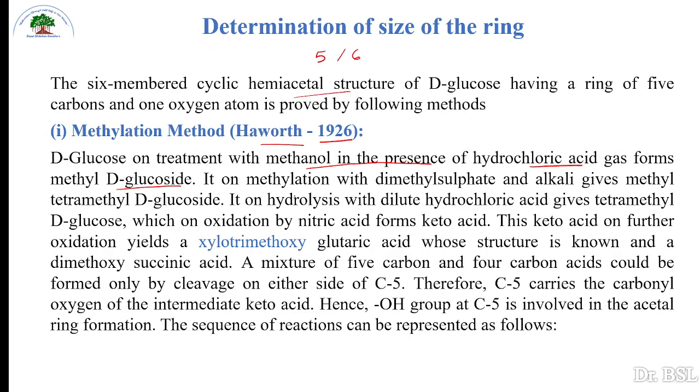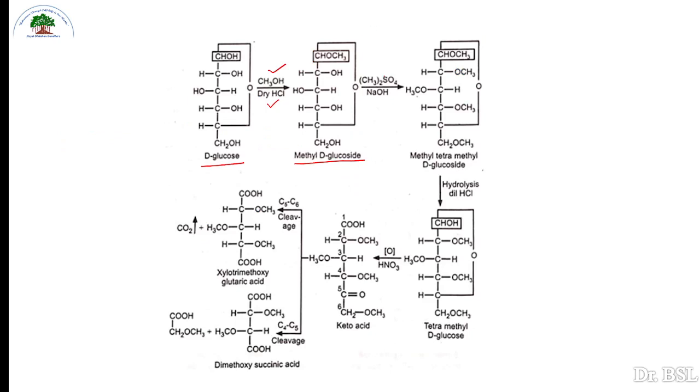Then this methyl D-glucoside on methylation with dimethyl sulfate and alkali such as NaOH gives methyl tetramethyl D-glucoside. This structure.